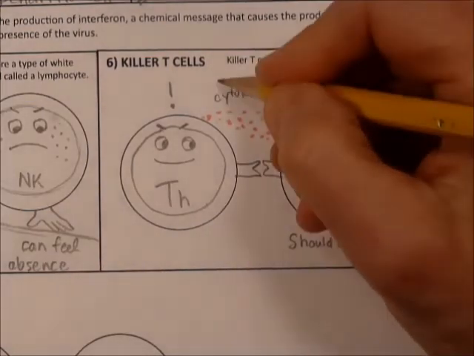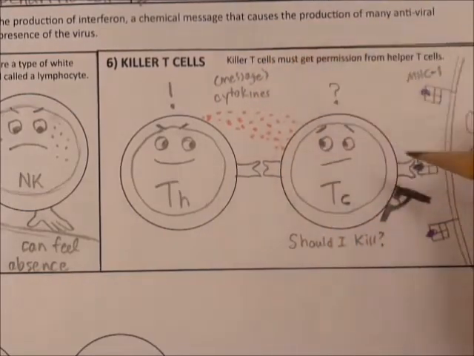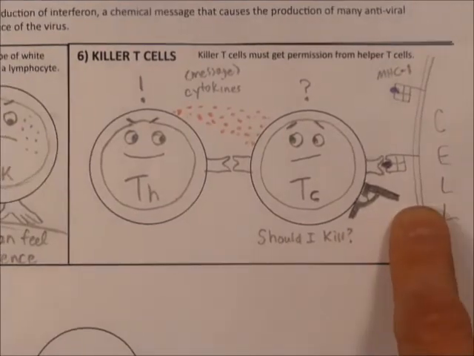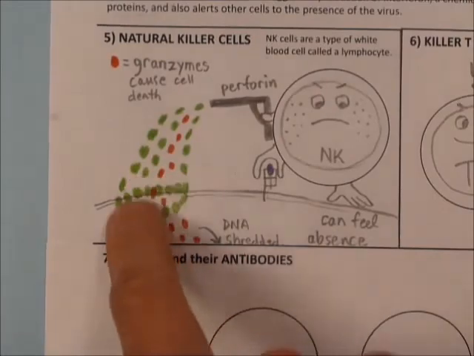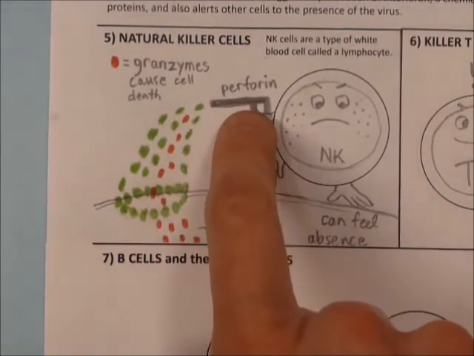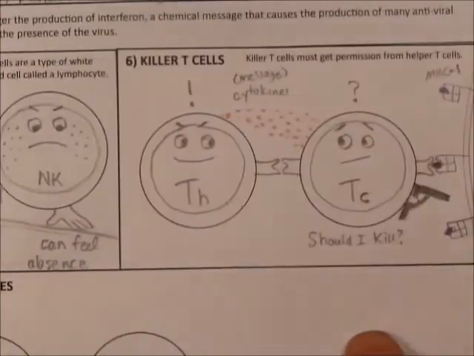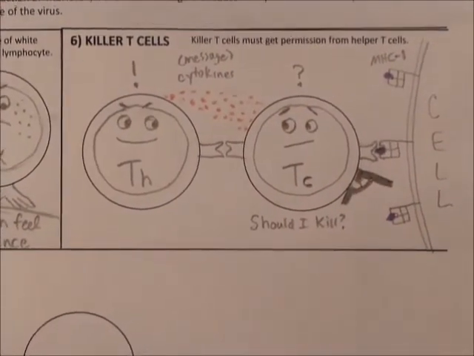Okay, it's a message that gives permission to the T cell to get out its perforin gun, blast a hole in the cell, and put in the granzyme. So this guy does exactly this. You don't need to draw that again. We know what the perforin gun does, so we know that's what will happen when he shoots the cell.